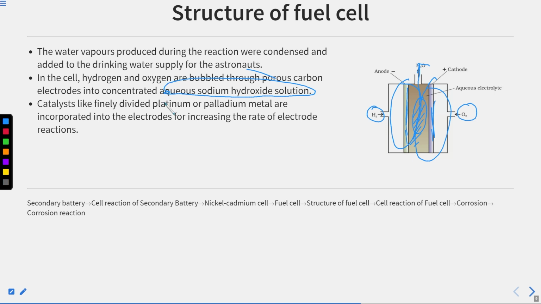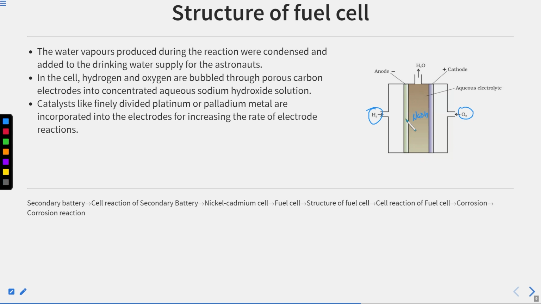So we have sodium hydroxide solution plus platinum, we are bubbling hydrogen and oxygen from both sides, with an anode and cathode setup, and at last we are oxidizing it to get water.